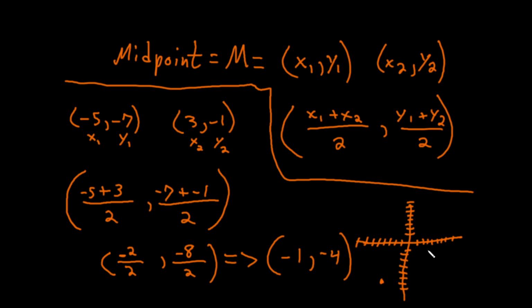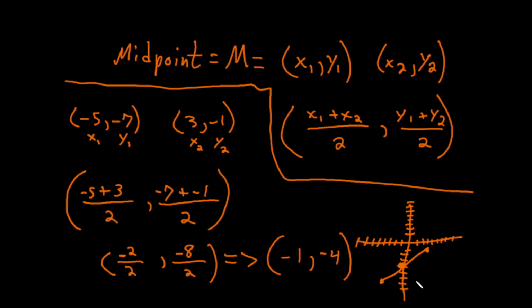The midpoint that we got was -1, -4, so that should be the point in the middle of these. So -1 for x and -4 for y. Isn't that in the middle? If you run a line right through, wouldn't that be right in the middle? Yes, it is.